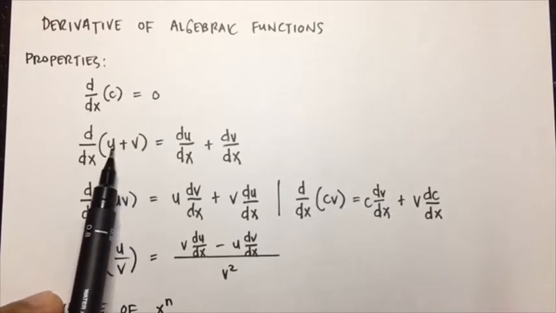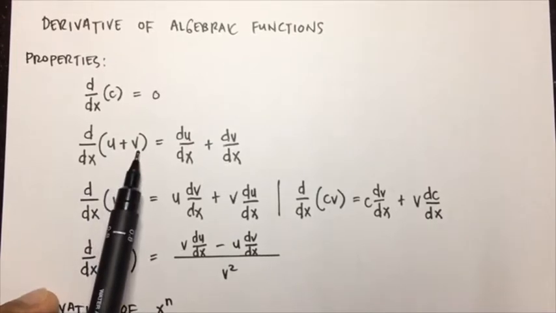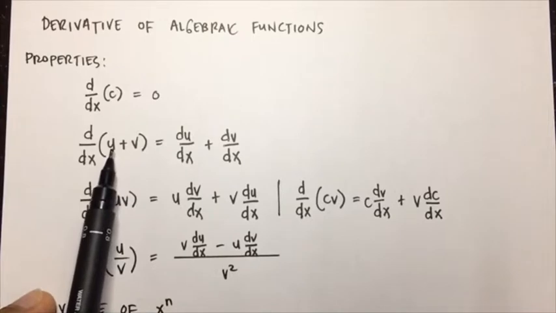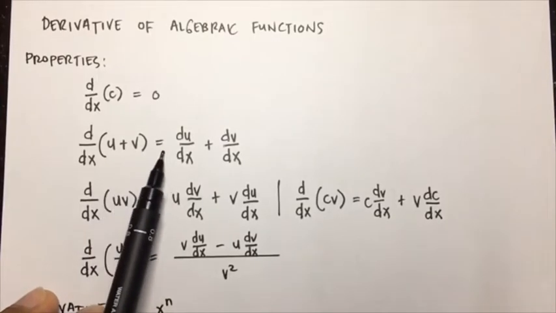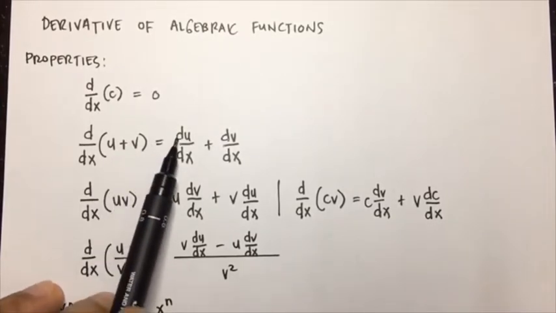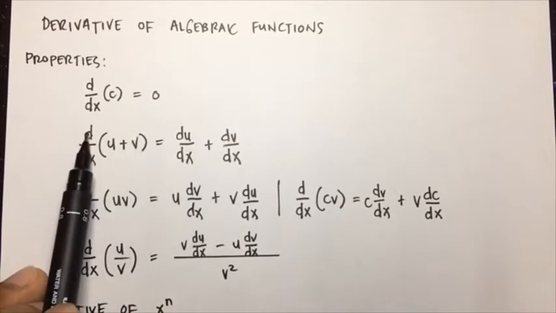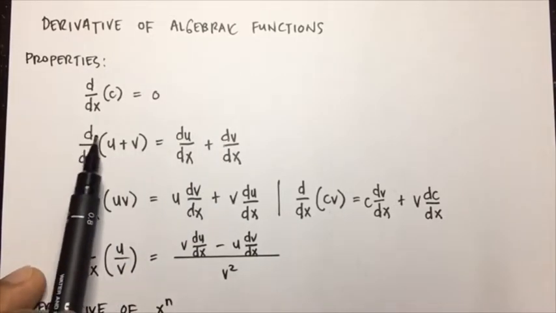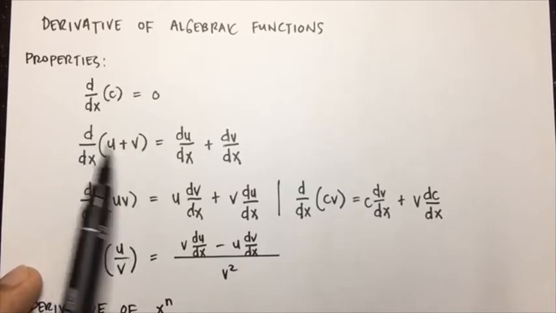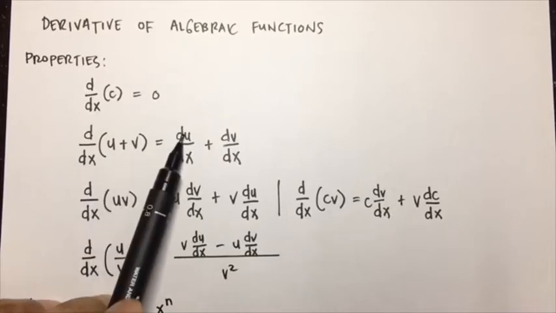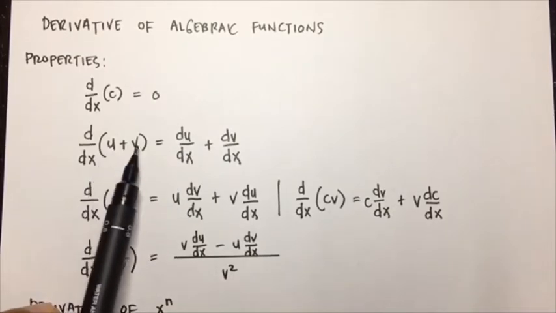When the function that we want to derive is composed of two or more terms, all we need to do is derive each term. It's like a distributive property of some sort, so all we need to do is get the derivative of each term.